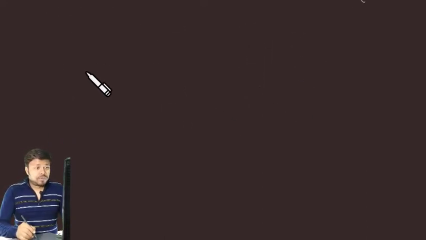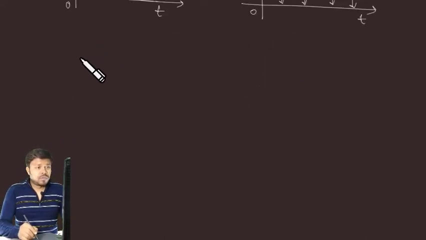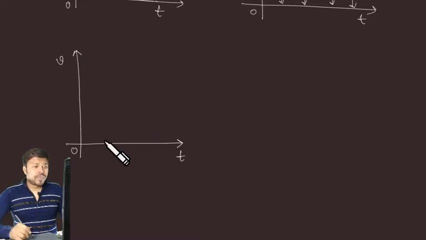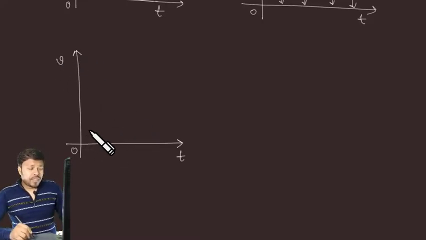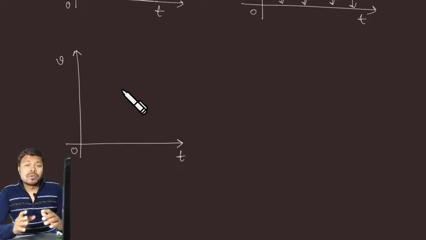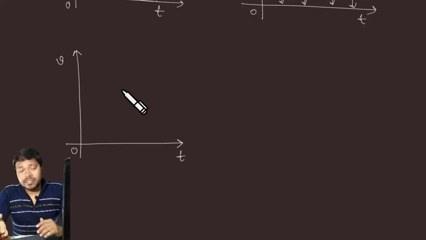Now non-uniform motion. Non-uniform motion, vt time graph. How will it look like? T, 0 and v. Let's say for a non-uniform motion, means the velocity of the body is constantly changing, either increasing or decreasing.